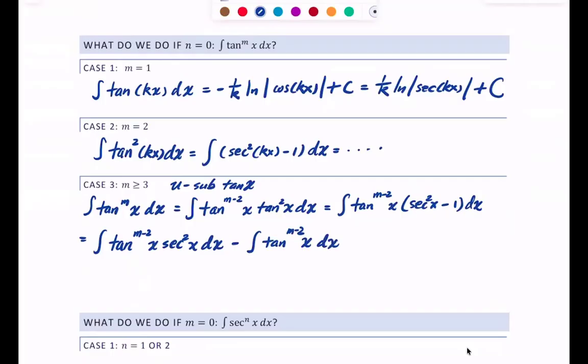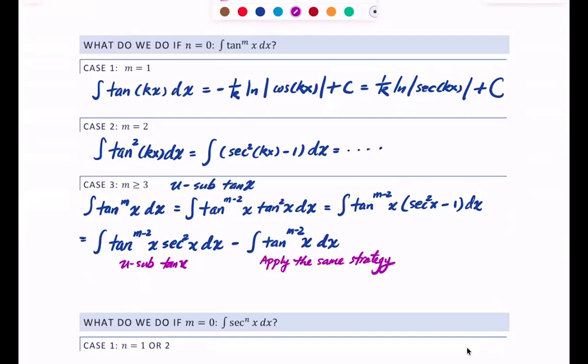And this one, you apply the same strategy. Okay, so this one you use a tangent. So for this one, if n minus 2 is 1, you do that. If it's 2, you do this.